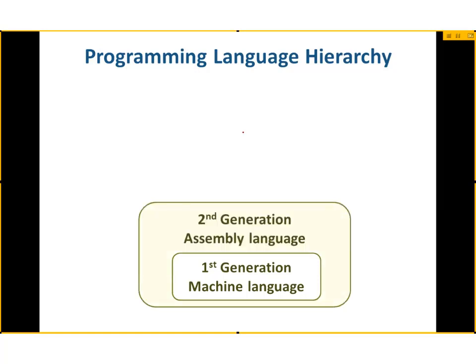And one of those is known as assembly language. And assembly language is essentially a language that is very simplistic, what we might call a very low-level language, which means that we need a large number of instructions in order to accomplish a relatively simple task.